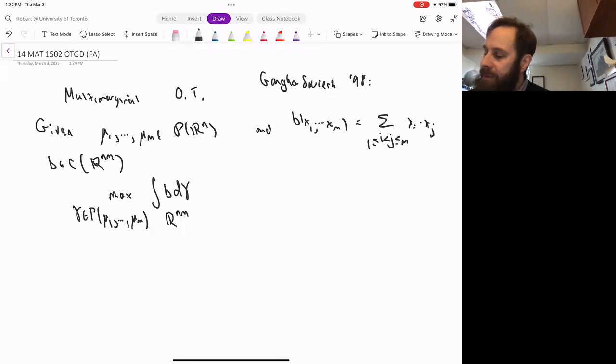Which, of course, is equivalent to a cost function.